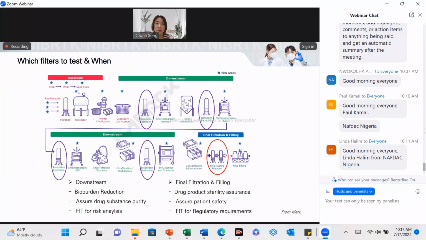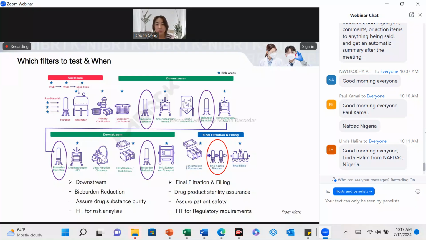During various stages of the manufacturing process, multiple filtration steps are performed, but not all of these are sterile filtration. In the downstream process, filtration is done for the purpose of bioburden reduction.